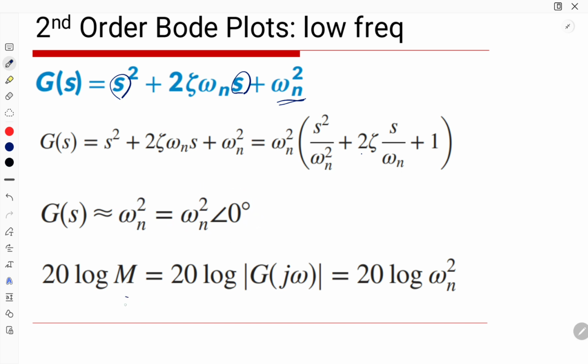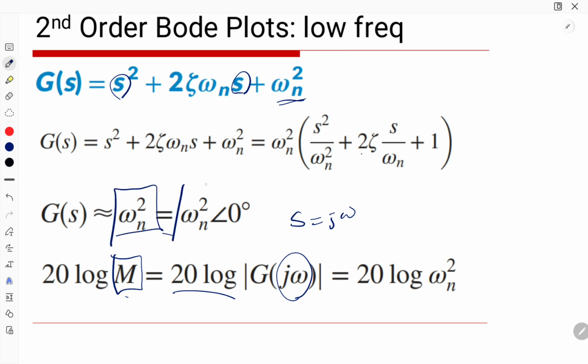So 20 log M is 20 log of G of j omega, where you place s equal to j omega. Since you only have the magnitude omega n, you end up getting this value.